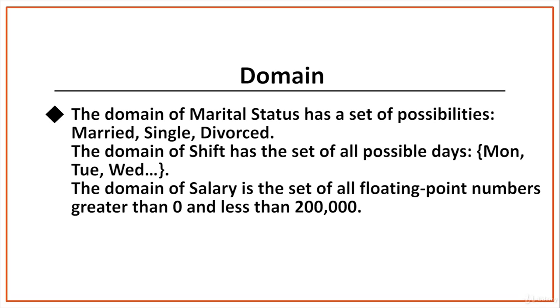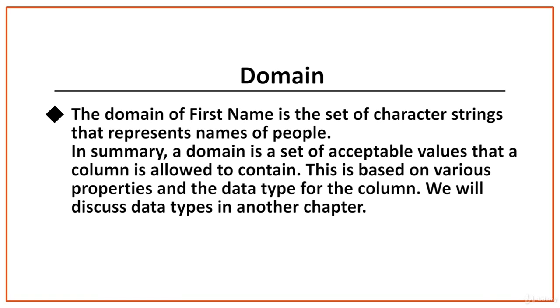The domain of shift has the set of all possible days: Monday, Tuesday, Wednesday, etc. The domain of salary is the set of all floating point numbers greater than 0 and less than 200,000. The domain of first name is the set of character strings that represents names of people. In summary, a domain is a set of acceptable values that a column is allowed to contain. This is based on various properties and the data type for the column. We will discuss data types in another chapter.